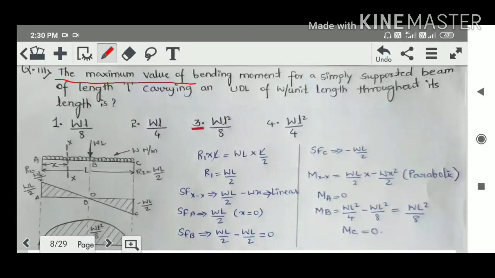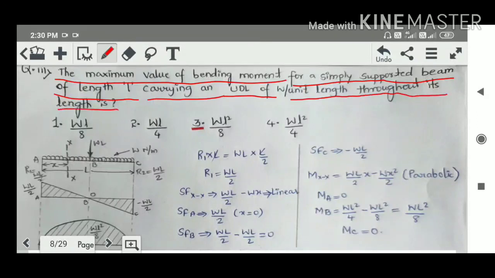The maximum value of bending moment for a simply supported beam of length L carrying a UDL of W per unit length throughout its length is, and the options are WL by 8, WL by 4, WL square by 8, WL square by 4. Okay friends, here I have solved this problem.